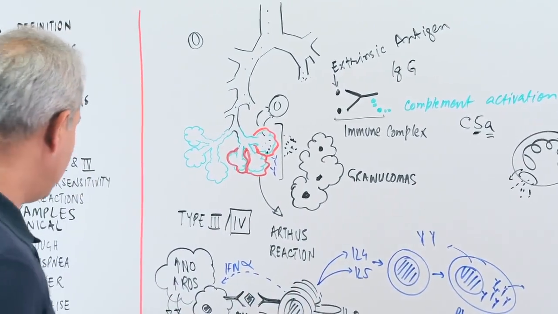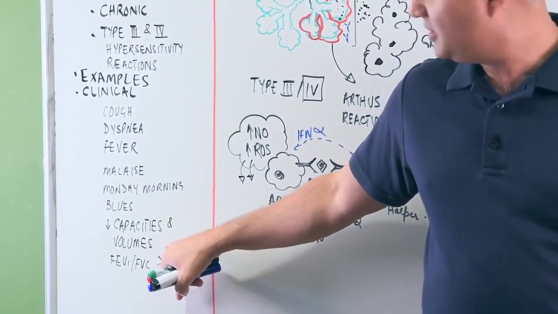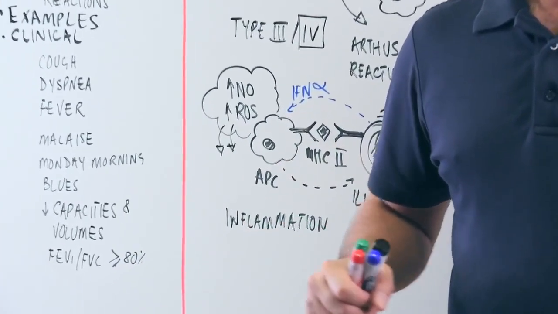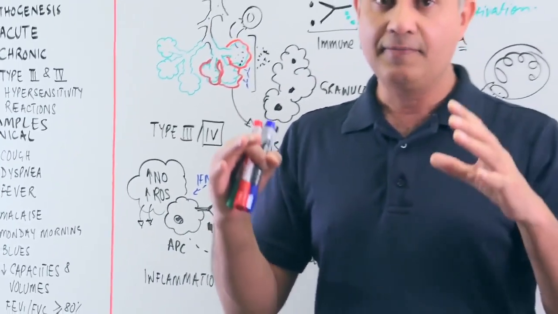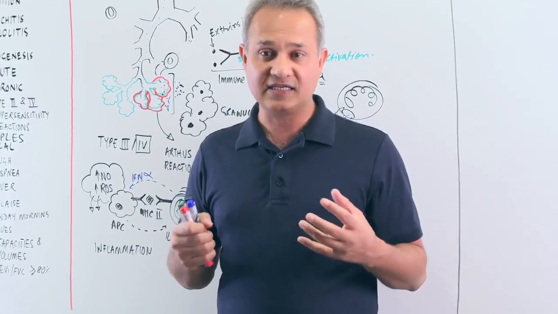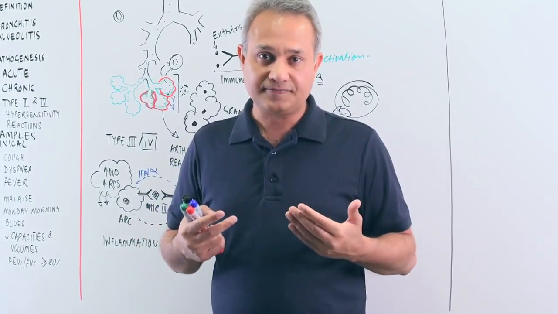The FEV1, the capacities and volumes would reduce. Chronic, FEV1 over FVC ratio will increase. It is going to be normal or increased because all the volumes are reduced, but because of the elasticity that has become increased, the patient will be able to expel the air fast.